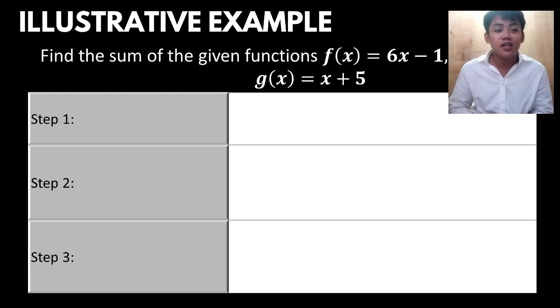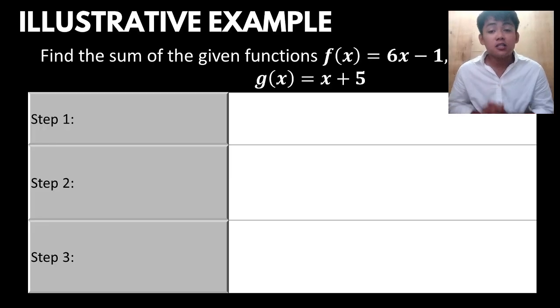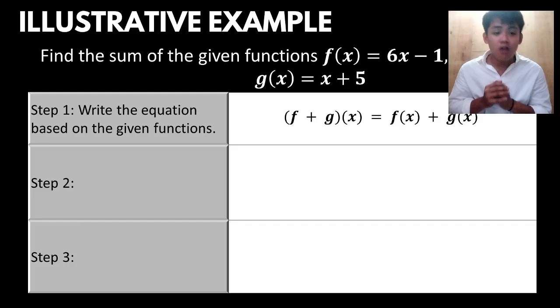So we have here the given function f of x is equal to 6x minus 1, and g of x is equal to x plus 5. So what is our first step again, class? Okay, that is right, to write our equation based on the given functions.